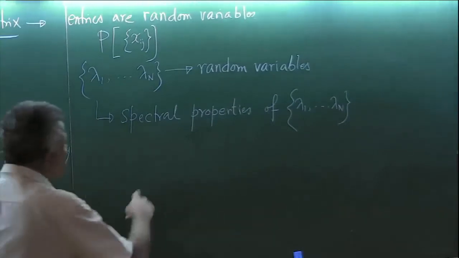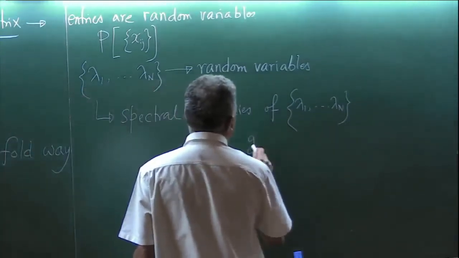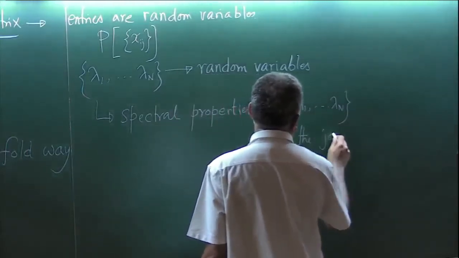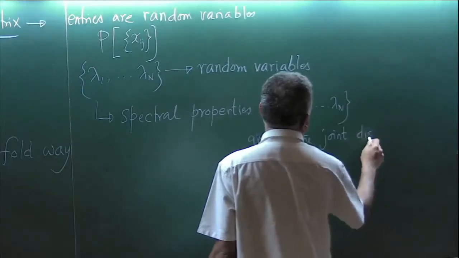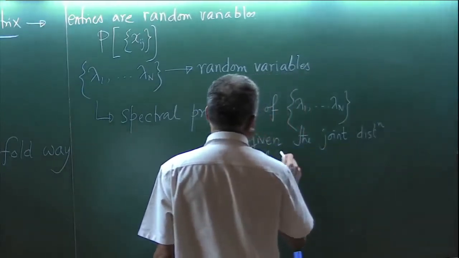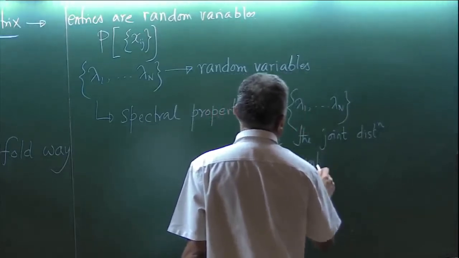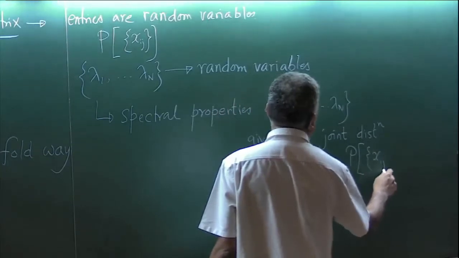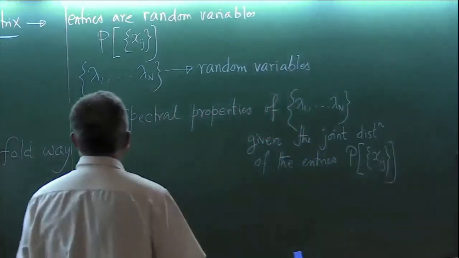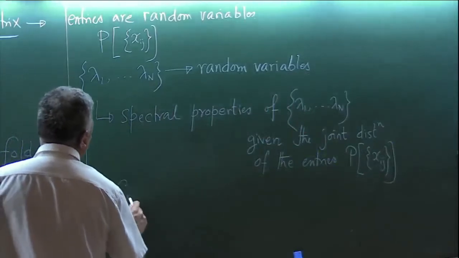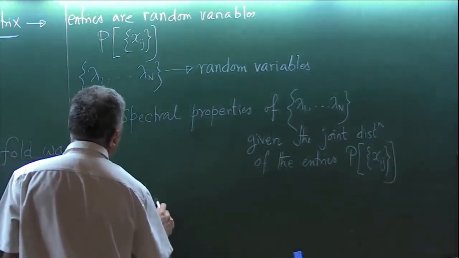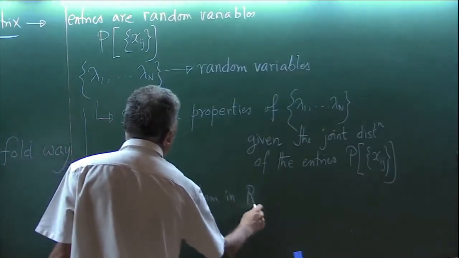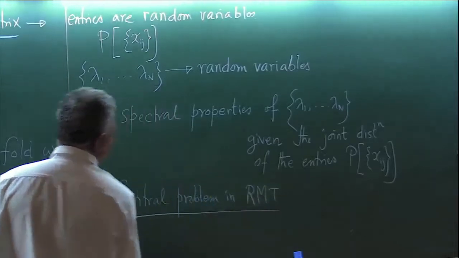Okay, so spectral properties of eigenvalues given the joint distribution of the entries. Okay, so this is the central problem in random matrix theory. RMT means random matrix theory.